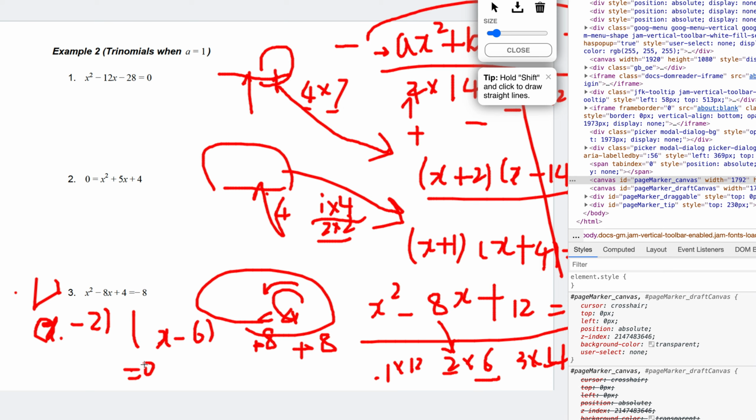So this is the final formula, and then we get x1 equals 2 and x2 equals 6. The two solutions we get. So hopefully, following this idea, we can find more solutions. Thank you for watching. Bye.